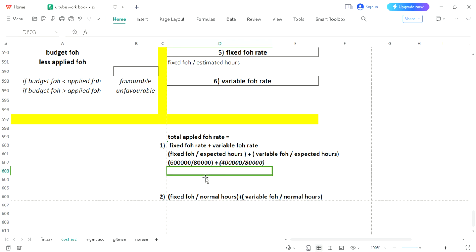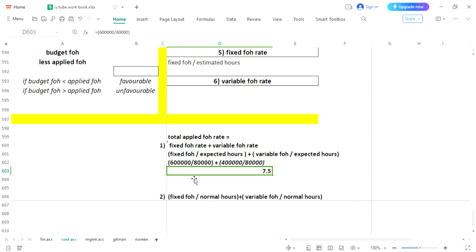Now it's time to calculate it. You have the first portion which is 6 lakh divided by 80,000. So you are going to write 6 lakh and it would be divided by 80,000. Okay, this is your first rate and we will call it fixed FH rate, and then you will be adding.